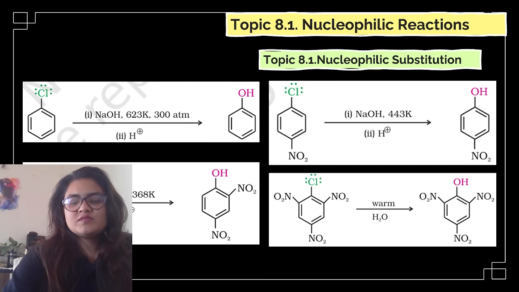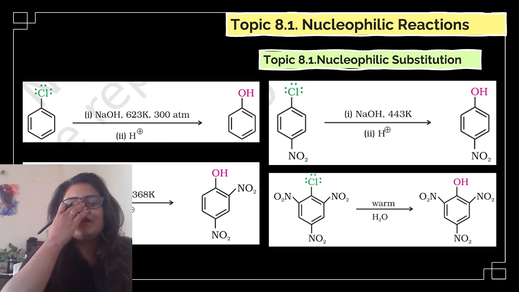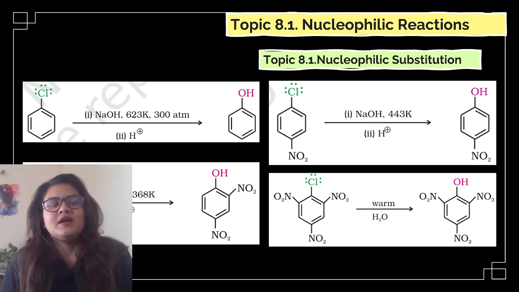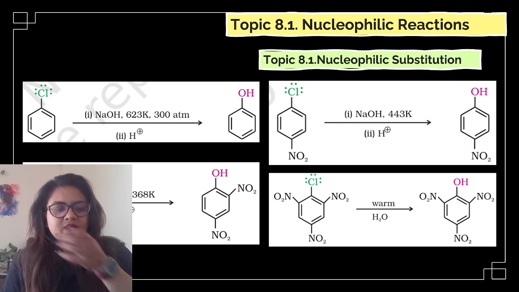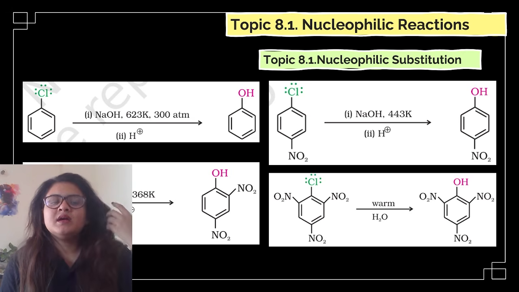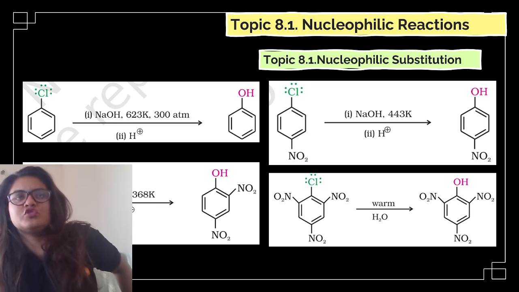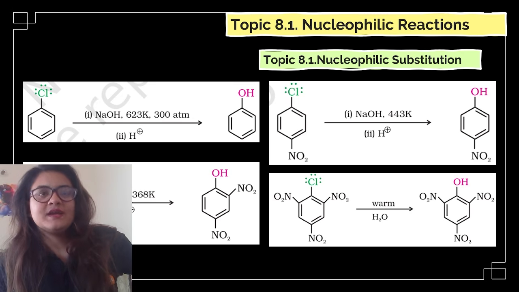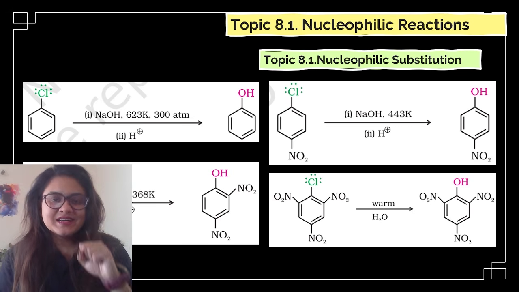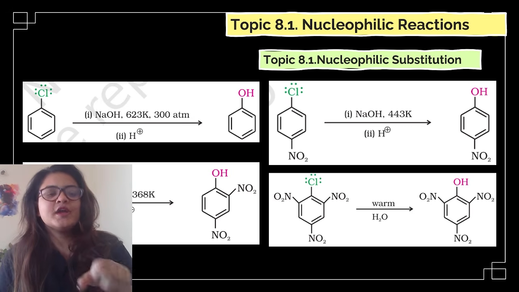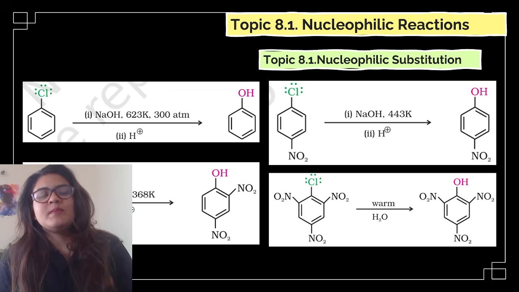Now if you proceed with the nucleophilic substitution, just look at the condition. If you give NaOH at 623 Kelvin temperature under 300 atmosphere pressure, then the Cl will be replaced with OH. Now what will happen if you add a nitro group? Nitro group is electron withdrawing, which means the electron density is decreasing. You attach the electron withdrawing group at the ortho and para position.